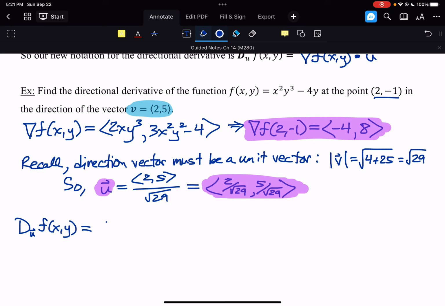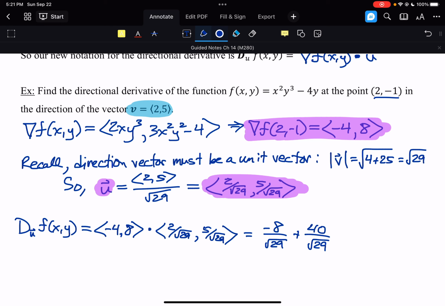So let's see here. We've got the gradient dotted with the direction vector. So we multiply corresponding pieces, so we get -8 over root 29 plus 40 over root 29, which is 32 over root 29.